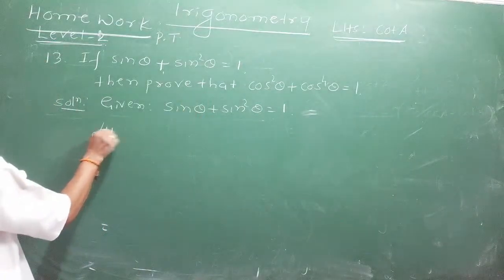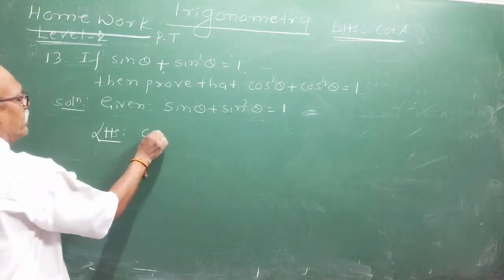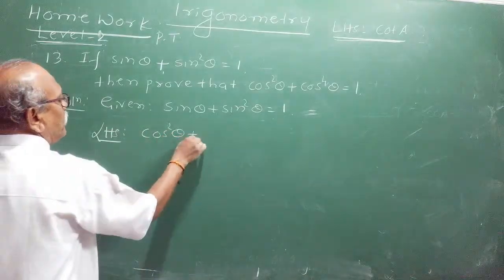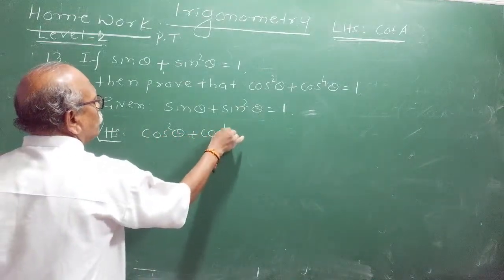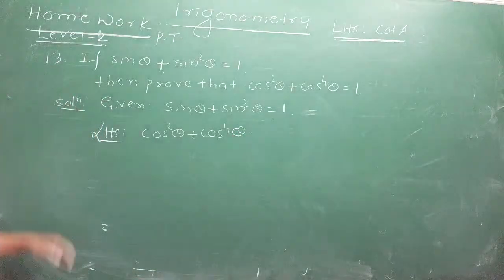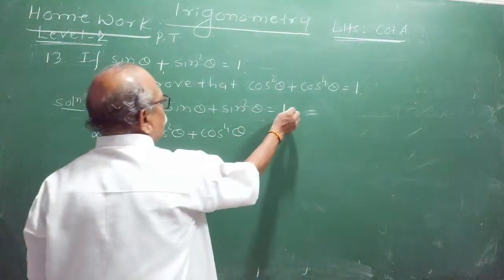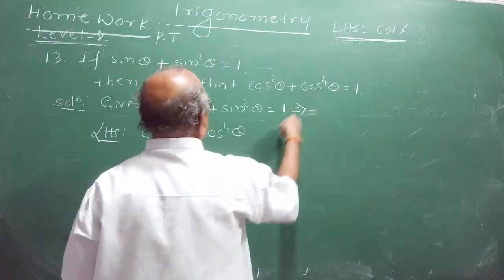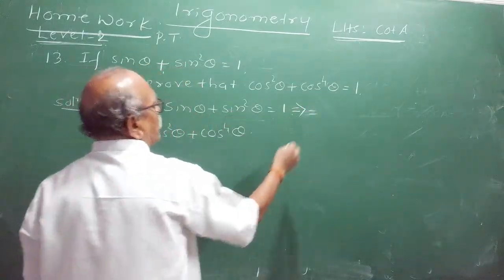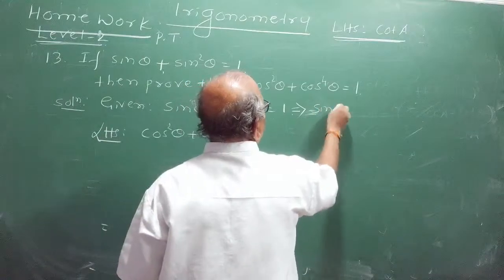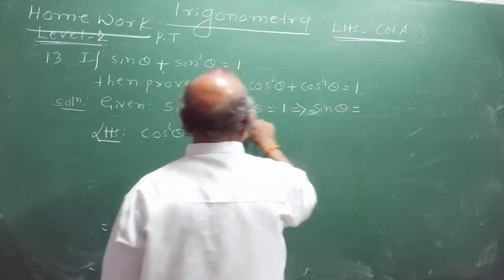LHS of the to be proved: cos square theta plus cos raised to 4 theta. Now you can use the given. Observe, that implies take sin square theta to the right. What do you get? Sin theta is equal to 1 minus sin square theta.